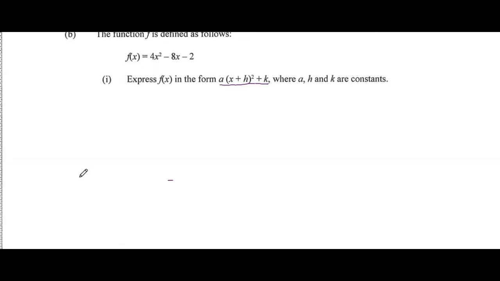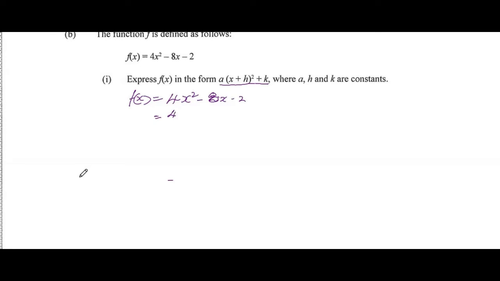So let us proceed. F of x is equal to 4x squared minus 8x minus 2. What we do, group these two and factorize.